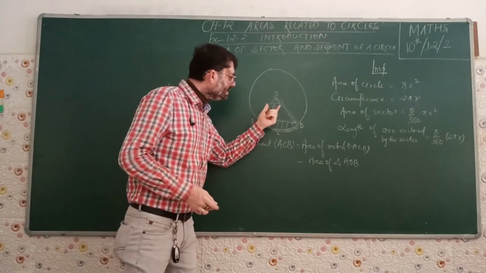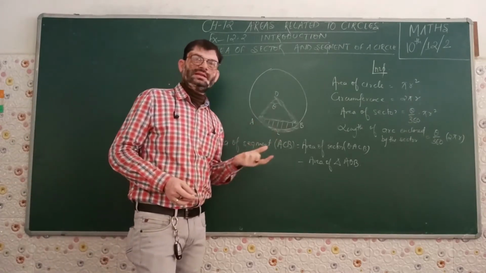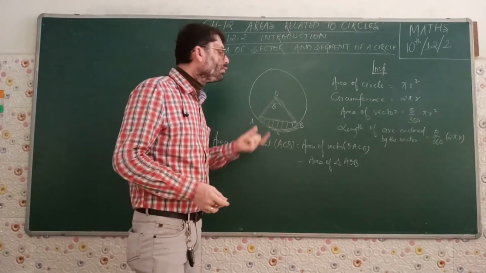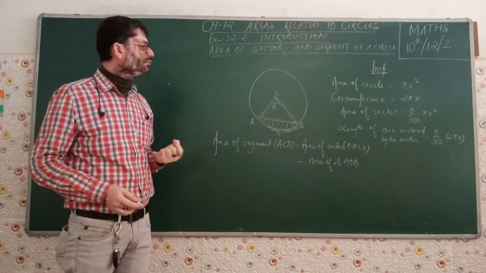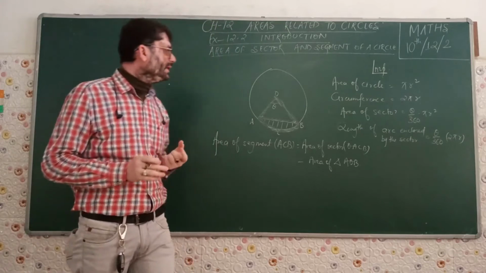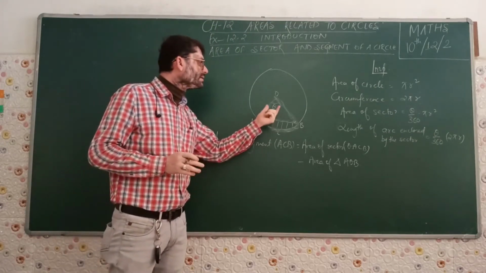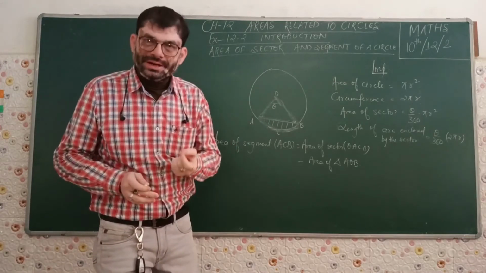If theta is 30 degree, the triangle is different. If theta is 60 degree, the triangle is different. Then how to find the area of that triangle? There are various ways to find the area of the triangle. But in class 10, we will be dealing with only those triangles with central angle 60 degree, 90 degree and 120 degree.